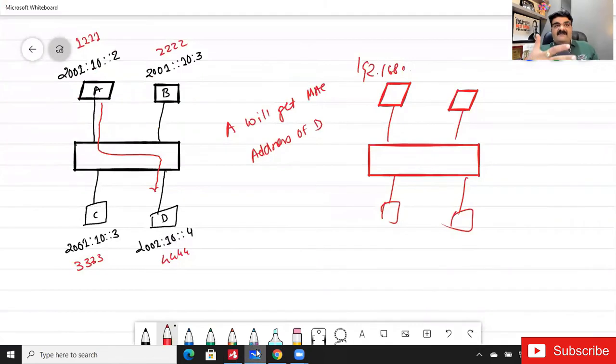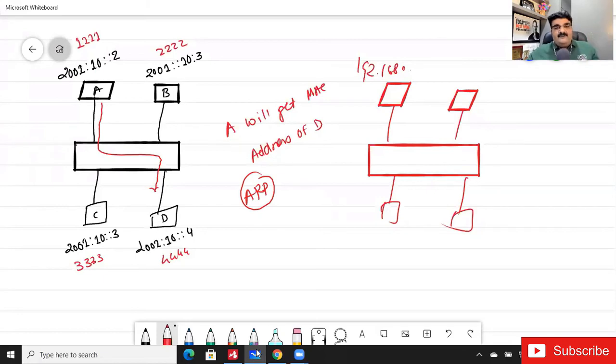So in IP version 4, if A wants to send the data to D, A must have the MAC address of D. And to get the MAC address, A will use ARP. Yeah, and ARP is the Address Resolution Protocol, and it is a broadcast.